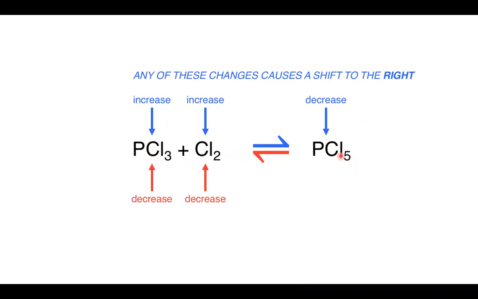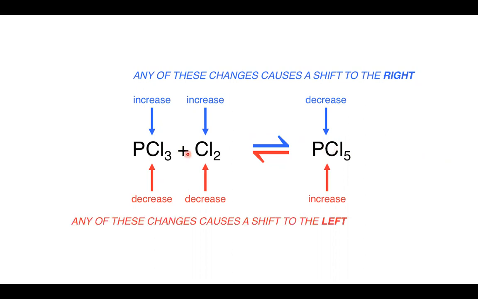Conversely, shifts to the left towards reactants will result if we reduce the concentration of either one of these species. It doesn't need to be both, but if it is both, it happens faster. Then if we increase the PCl5 concentration, we would have an excess of this beyond equilibrium concentrations, and we would see a shift to the left. So any of these changes causes a shift to the left.